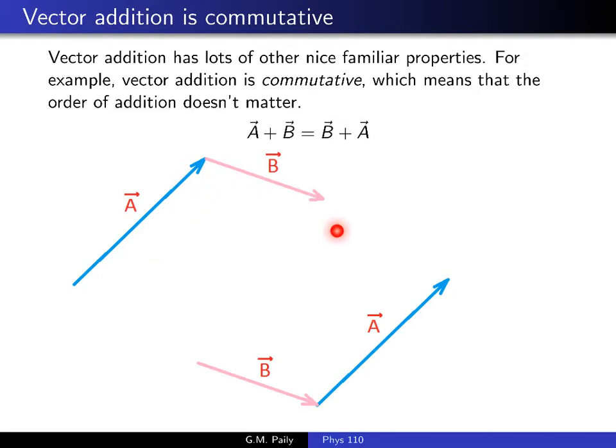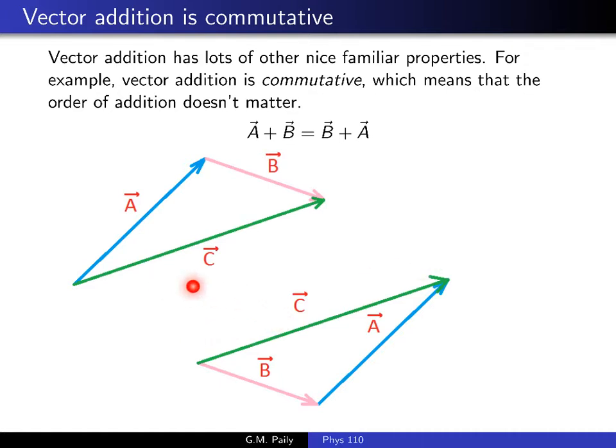Here we are doing a first and then b. Here we are doing b first and then a. But in both cases, the final resultant vector c is the same, and you can see these are in fact the same vector. So it doesn't matter in which order you add them.